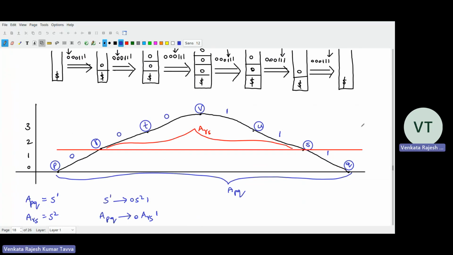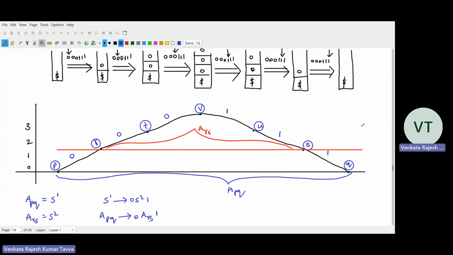If the current state is 0, and it comes back to the same state 0, then that entire portion of the string will be accepted by the PDA. If the state of the stack is 1, and some string takes the stack from 1 back to state 1, you can think of height 1, that portion of the string will be accepted by a sub portion of the PDA.